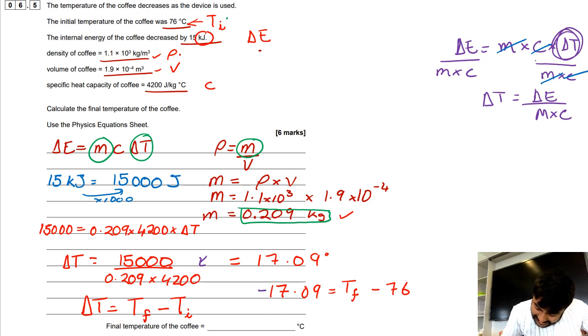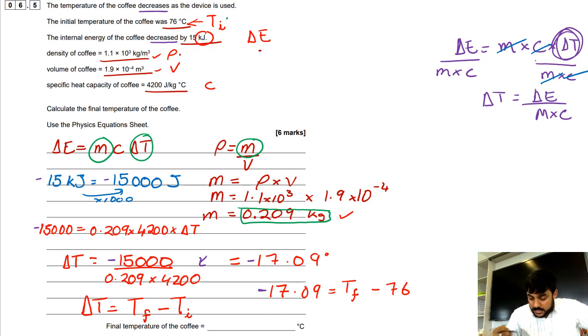It's negative 17.09, because the energy decreased and the temperature decreases. The decrease in temperature is denoted by negative values, and I should have used negative values throughout, however I didn't, and here's where it might get confusing for some people.